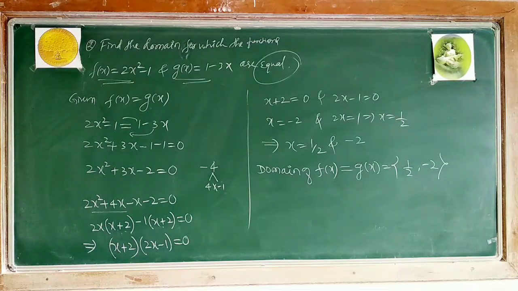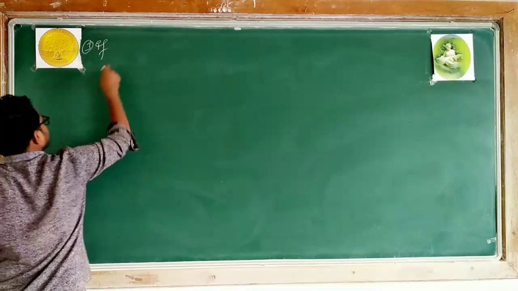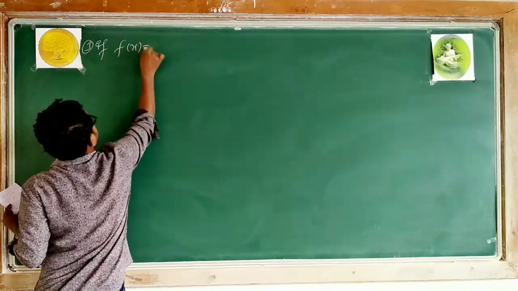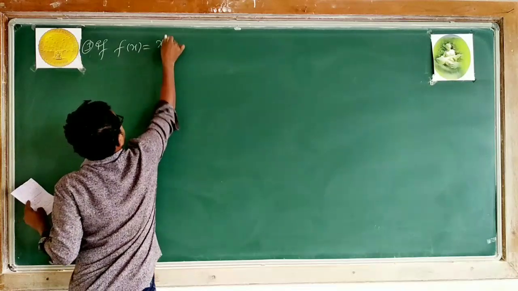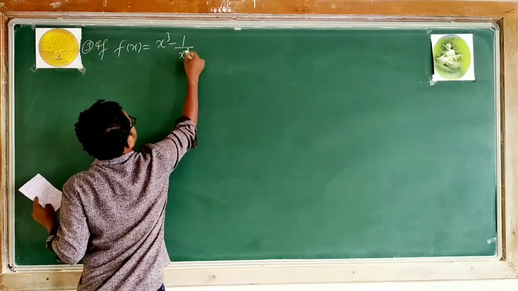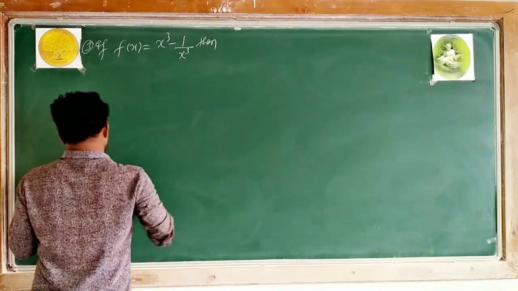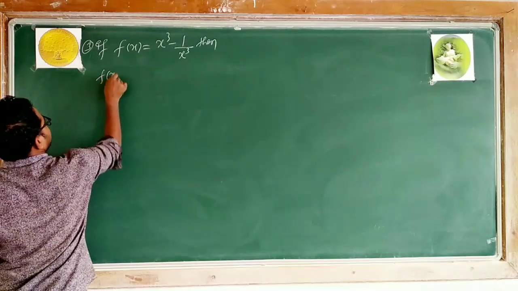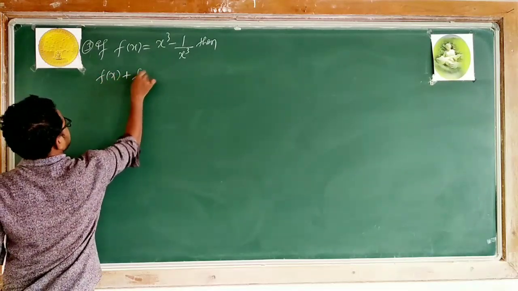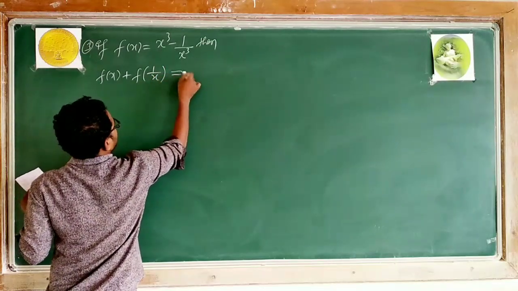Copy this. Third one: if f of x is equal to x cube minus 1 divided by x cube, then f of x plus f of 1 by x is equal to what?